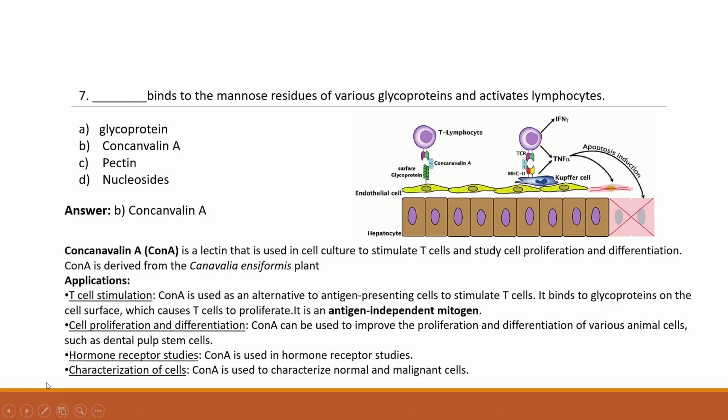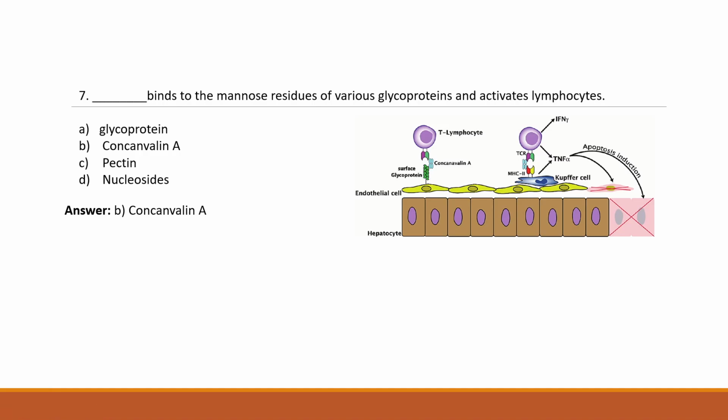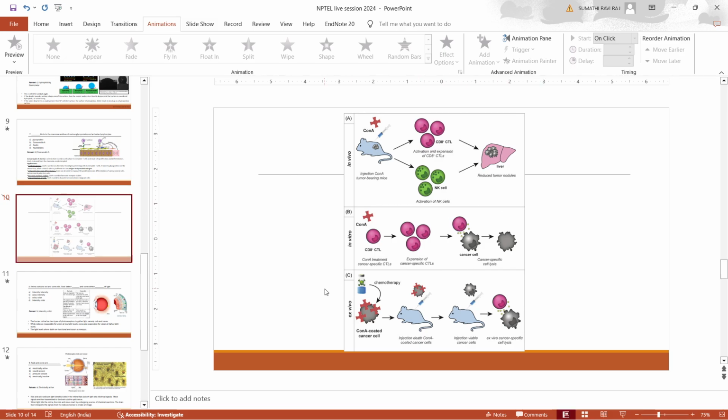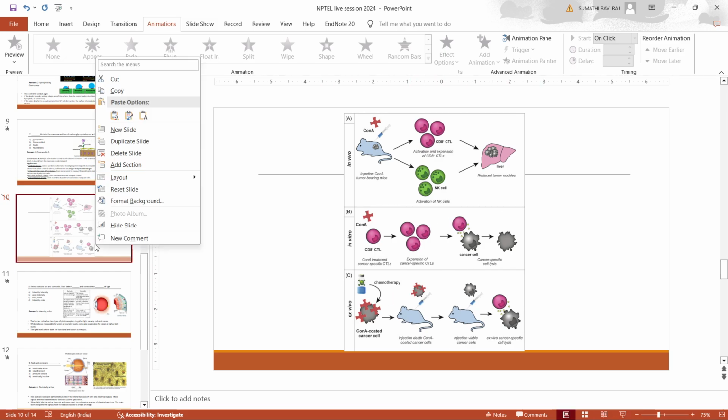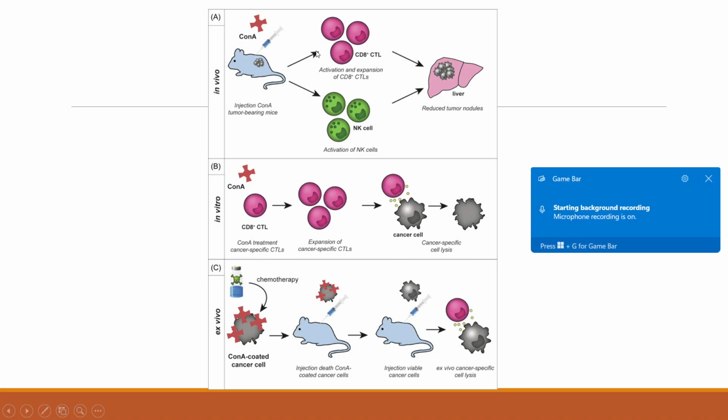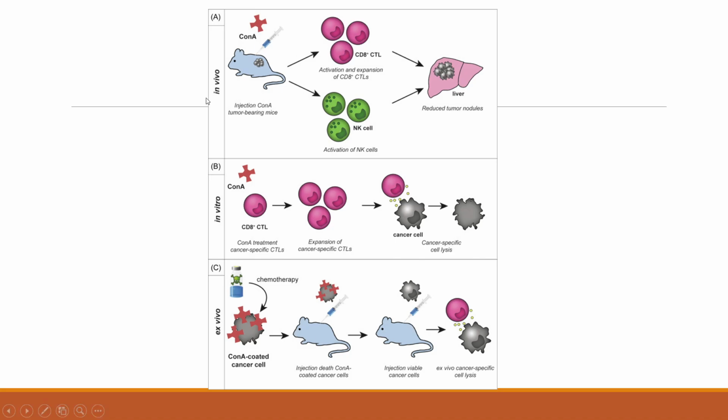There's one more slide. So this is how your concanavalin is used in research. In in vivo conditions, you can take your model, in which you might be doing some tumor studies or tumor analysis.